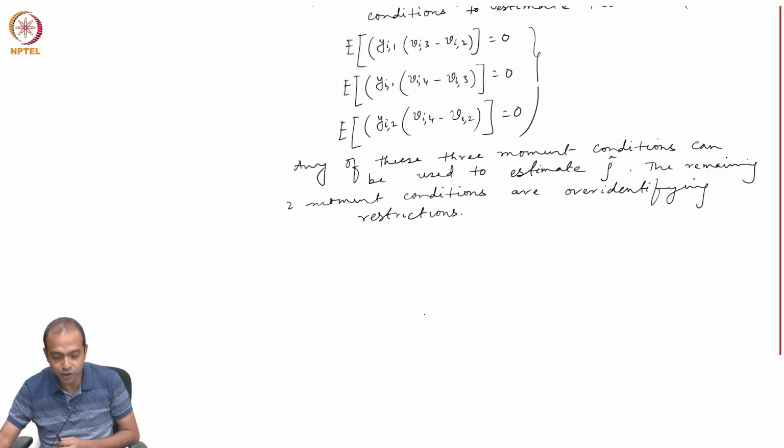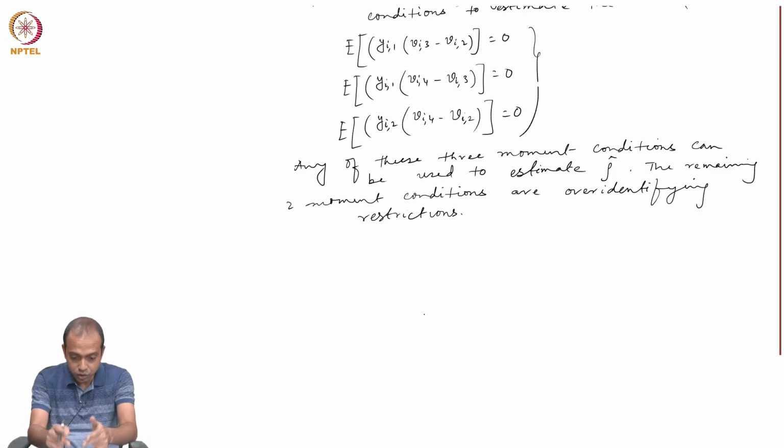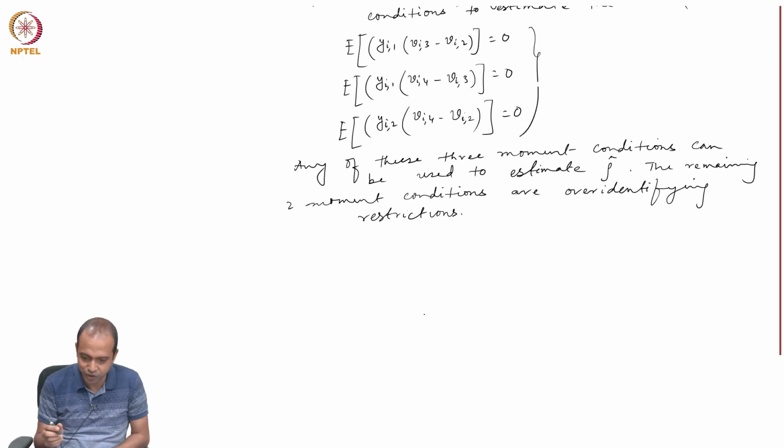We need only one moment condition, but we have 3. So, the remaining 2 are the over identifying restrictions that we are putting in the model.